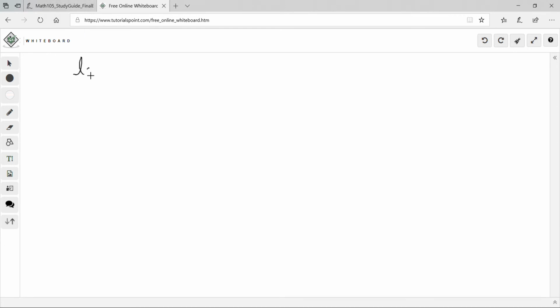So we have log of 4 x plus 5 plus log of 4 x minus 1 equals 2. So my goal is to solve for x. So I'm going to use this rule.